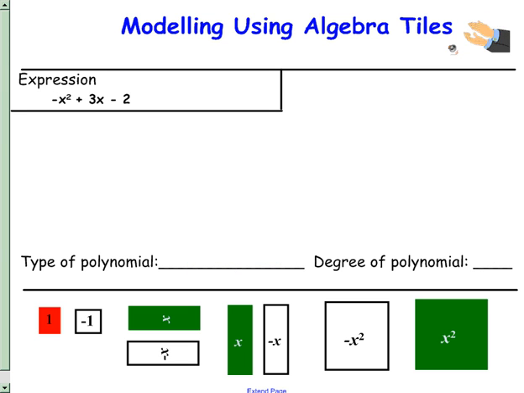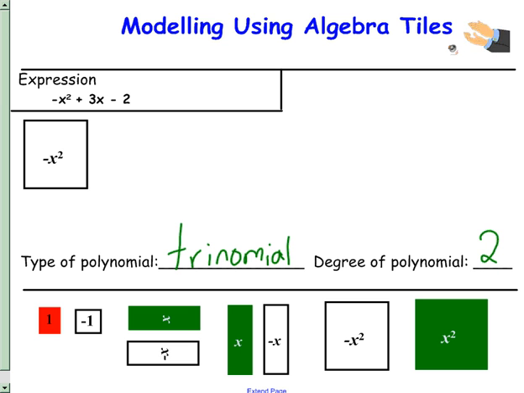This polynomial is a trinomial, so there's going to be 3 types of tiles. And the highest exponent on any of the terms, the highest sum of exponents, is 2. Okay, to model it, we need to start with negative x squared. Well, x squareds are square tiles, and this one happens to be negative, so there's a negative x squared. Then we need positive 3 x's.